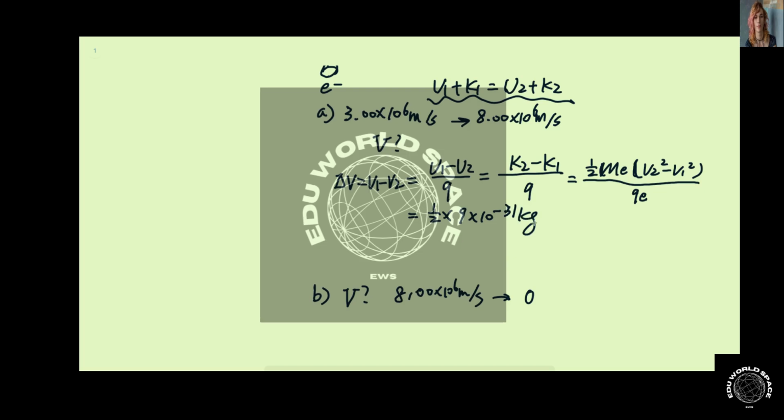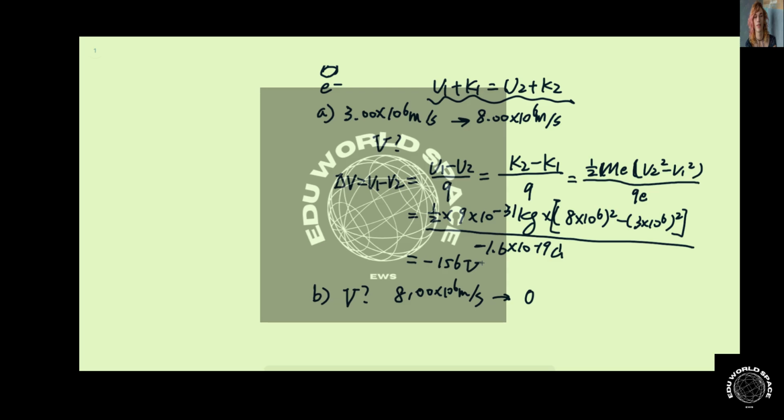V used to be 8 times 10 to the 6 squared minus 3 times 10 to the 6 squared. And this whole thing divided by the charge of the electron, which is negative 1.6 times 10 to the negative 19 coulomb. Okay, so this gives us a potential difference of negative 156 volts.